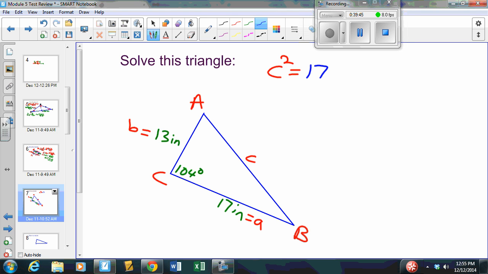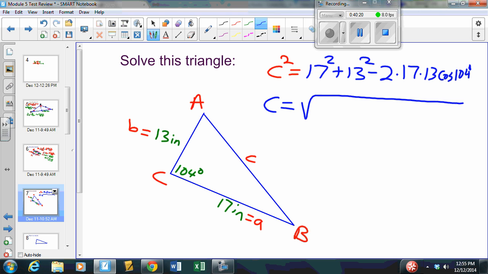So it's 17 squared plus 13 squared minus 2 times 17 times 13 times the cosine of 104. Now, all I have to do to get c by itself is to do what to both sides? Square root it. So guess what?